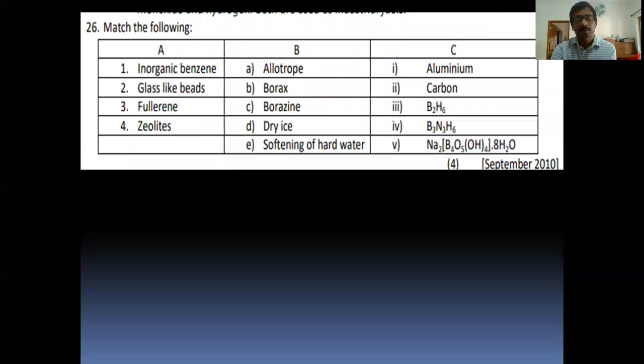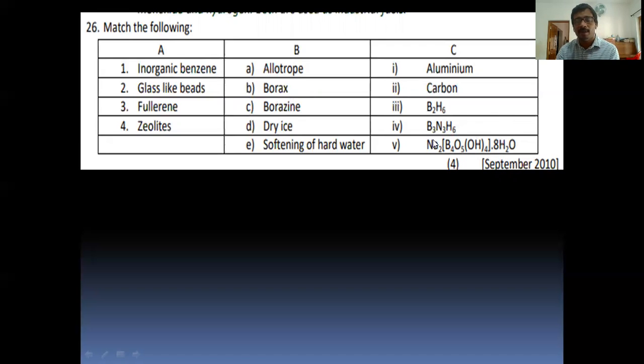Okay, it is a common question in inorganic chemistry. Match the following. Three-step matching. Inorganic benzene, what is it? Borazine. You know, inorganic benzene is borazine, B3N3H6. Next, borax bead test.